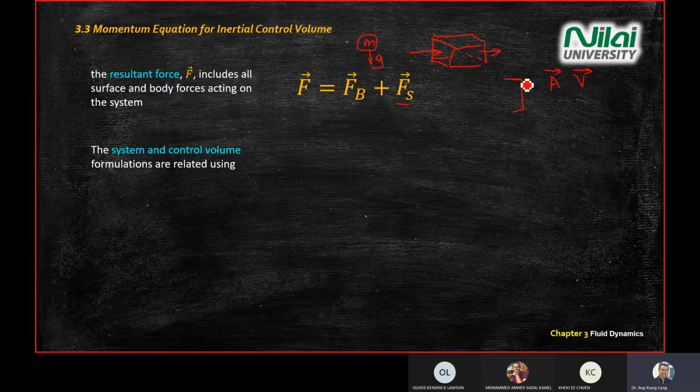Remember, we always start with the opening, always pointing out with the area vector, and then velocity. You look at the system, whether it's going in or going out. If you have the v1 vector, the dot product of v1 dot A vector: if the two arrows are parallel, then you get a positive value.